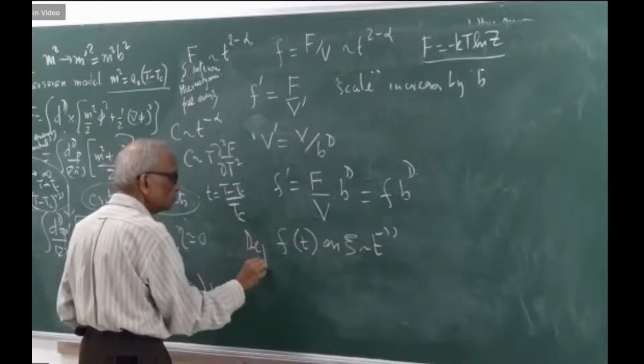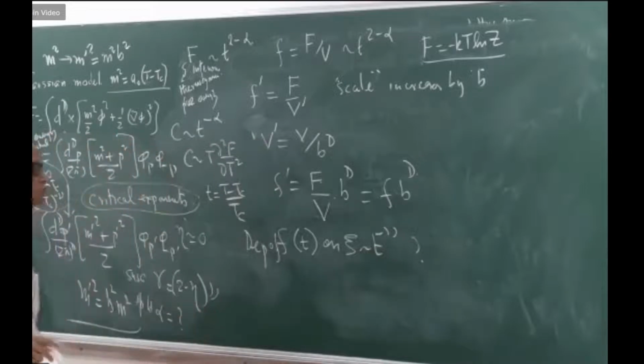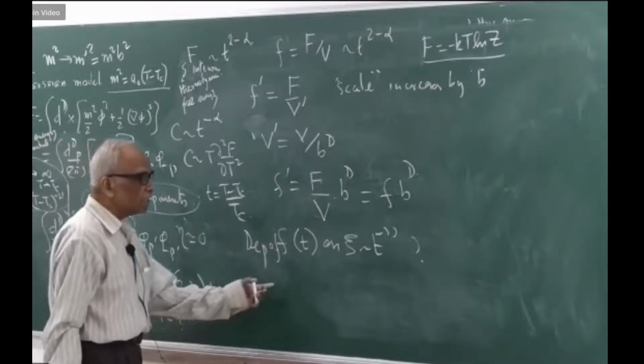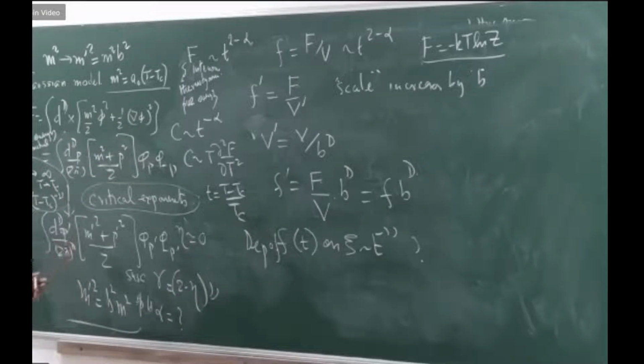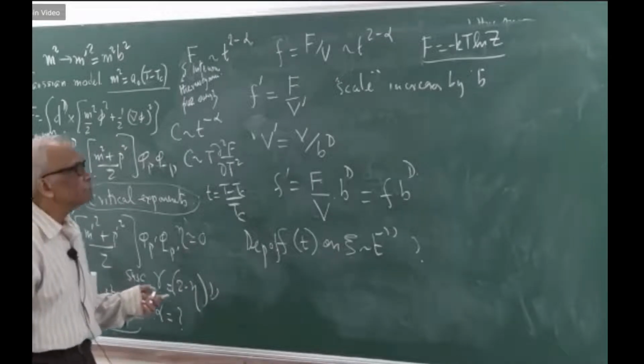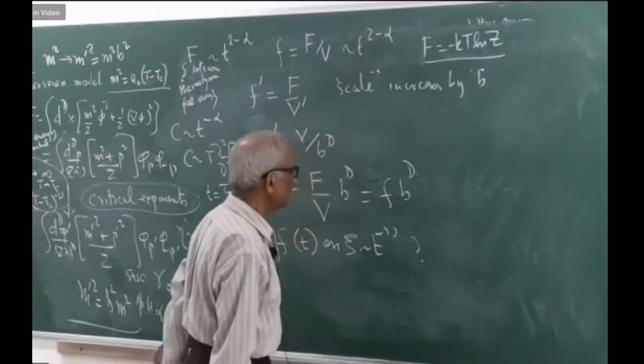So that is what one is after. What is the dependence of this free energy per unit volume in terms of this? I know that the free energy per unit volume has the behavior in terms of t, which is 2 minus alpha.